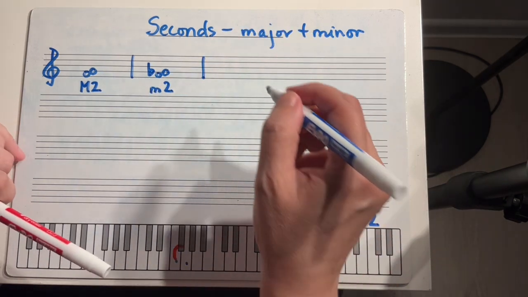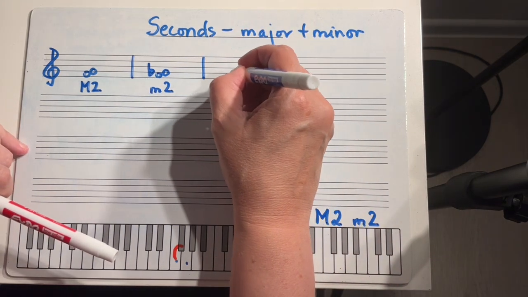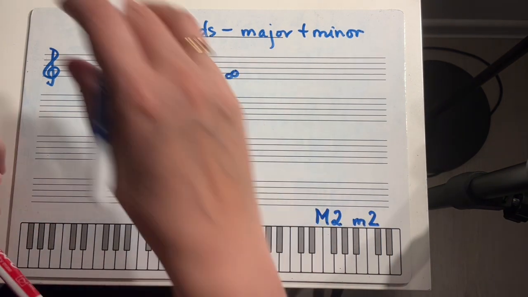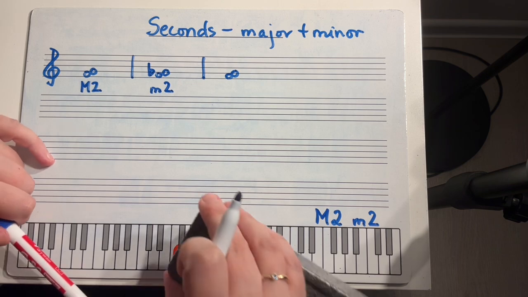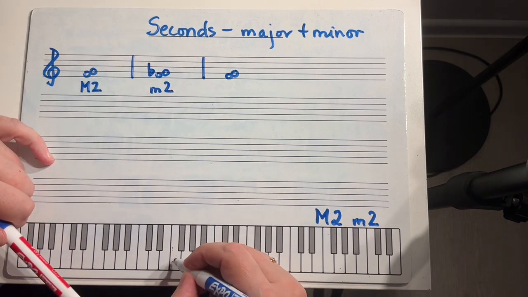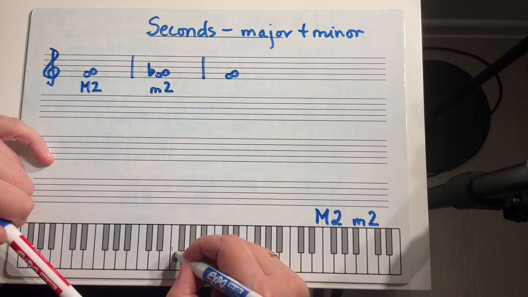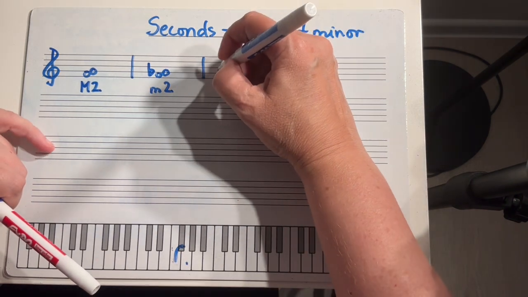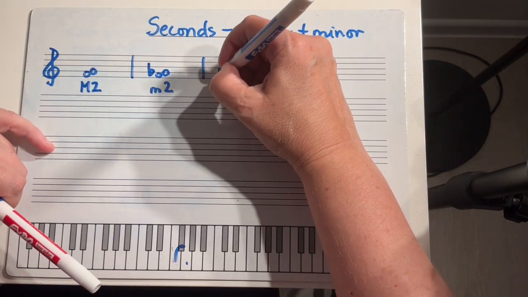Another way to do this is we start with our two letters. And now here's F, but I can also change it so that this key to this key is the interval.